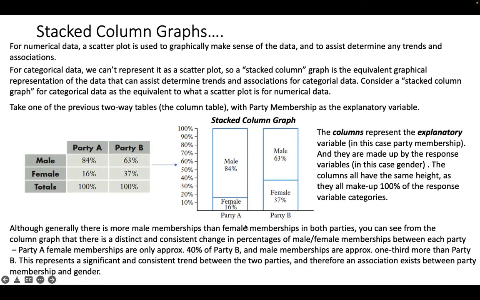So even if you don't have to do a stacked column graph in a question, it sometimes helps to sketch one to help you identify trends. So it's a useful and important skill to have. And in theory, there's the possibility it could be tested as well.